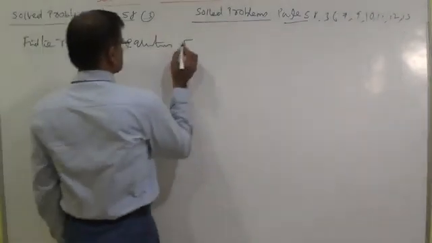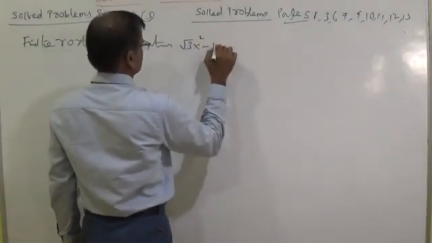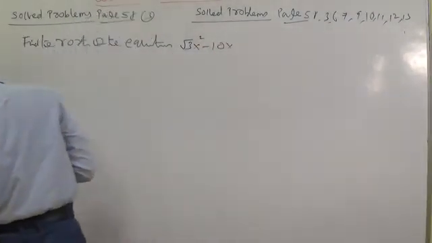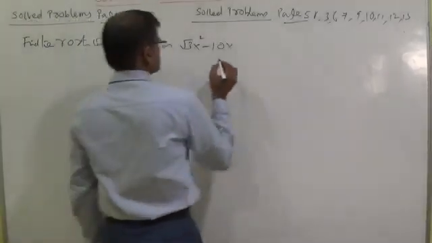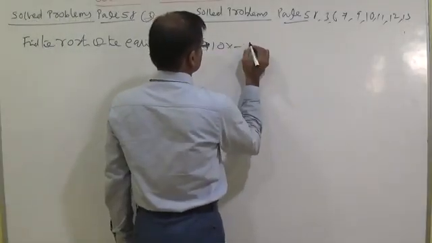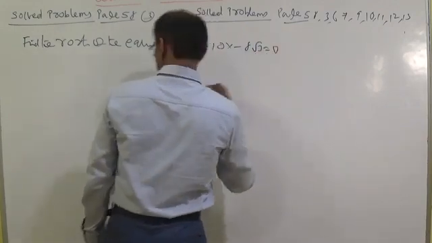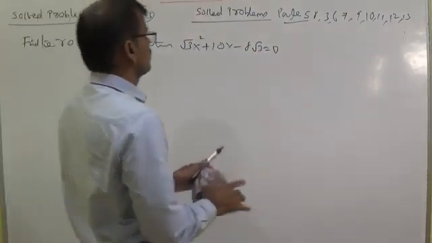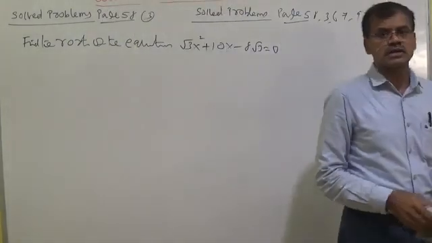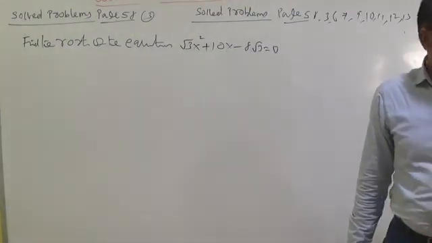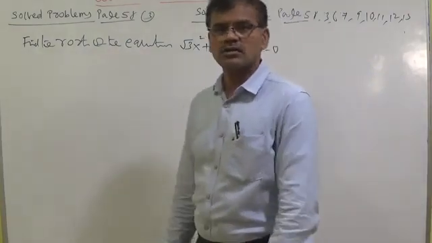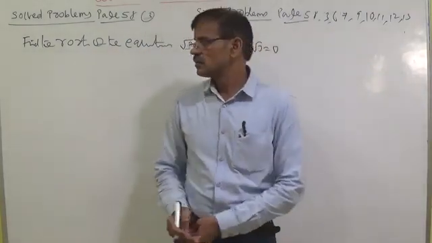Root 3x square plus 10x minus 8 root 3 equal to 0. I think we have learnt about the sums which are called factorization or splitting the middle term.